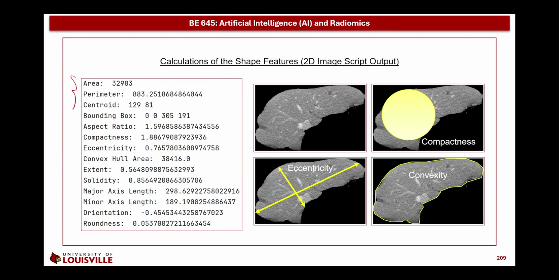So we can get these results and append them to our file to be used in the classification process. For example, the aspect ratio is 1.58 or approximately 1.6, which implies an elongated shape compared to a perfect square, and the compactness here is 1.89, and this means that the ROI appears to be densely packed.